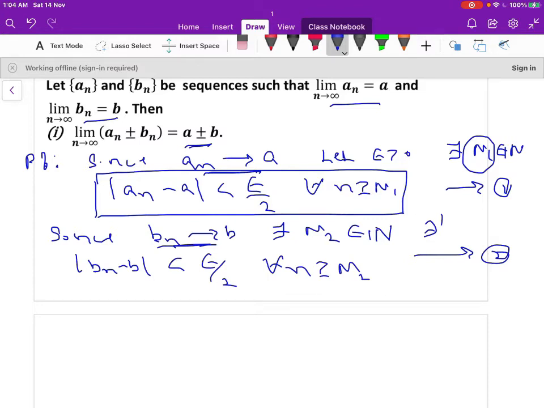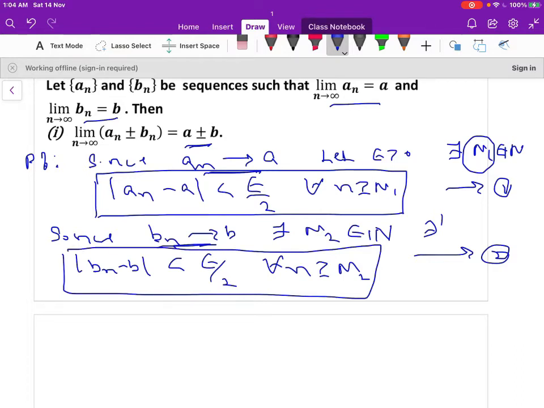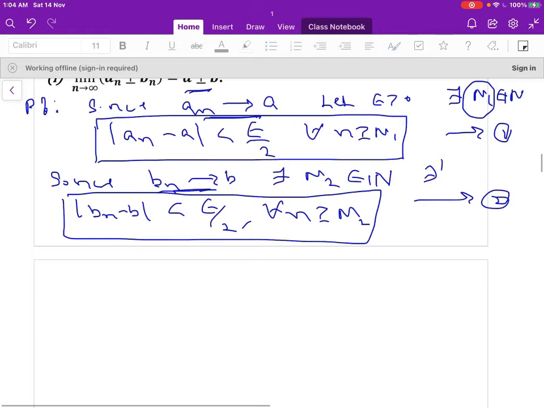This is equation 2. Since b_n is a convergent sequence, it converges to B, so by the definition, modulus of b_n minus B is less than epsilon by 2 for all n greater than or equal to n2.